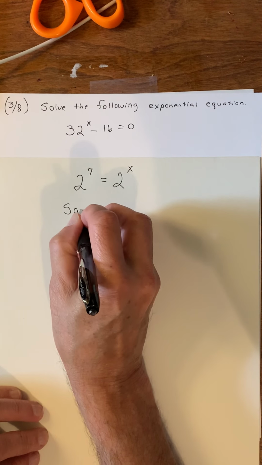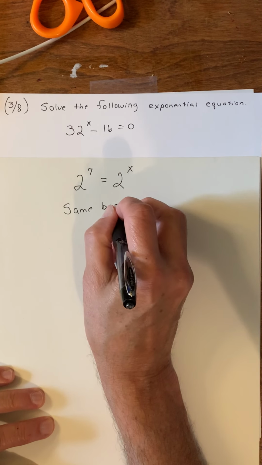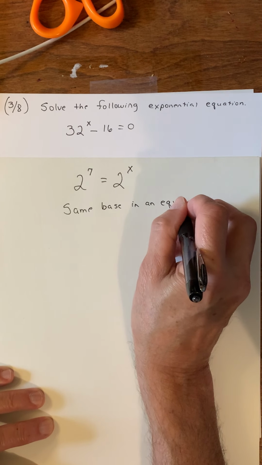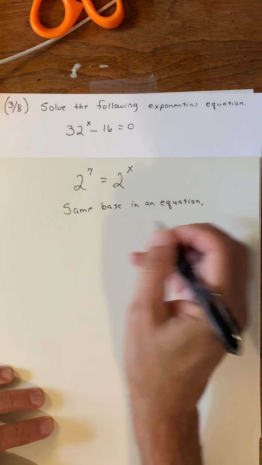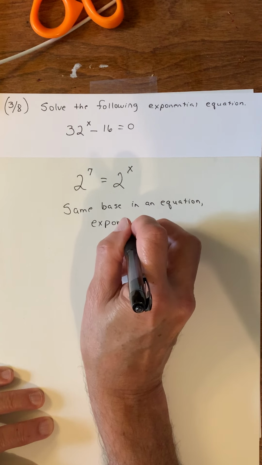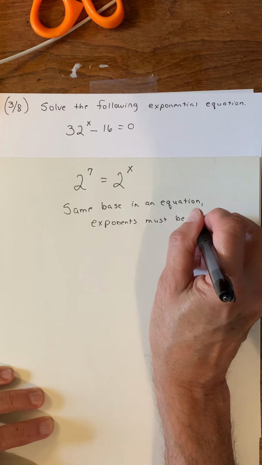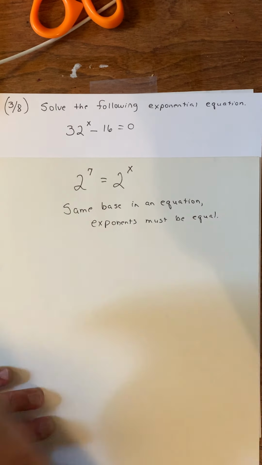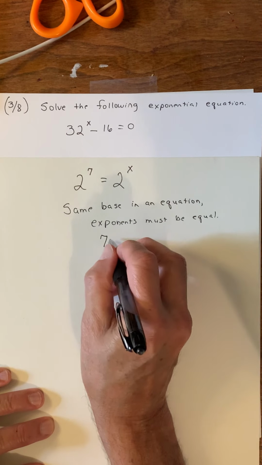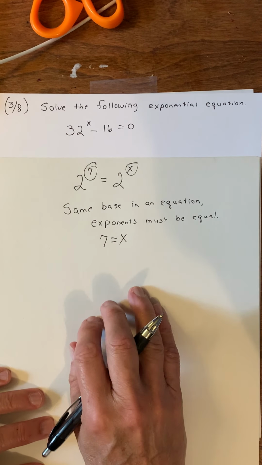If I have the same base in an equation, then my exponents must be equal. So if you have 2 to the 7th equal 2 to the x, what do you know? 7 must equal x.